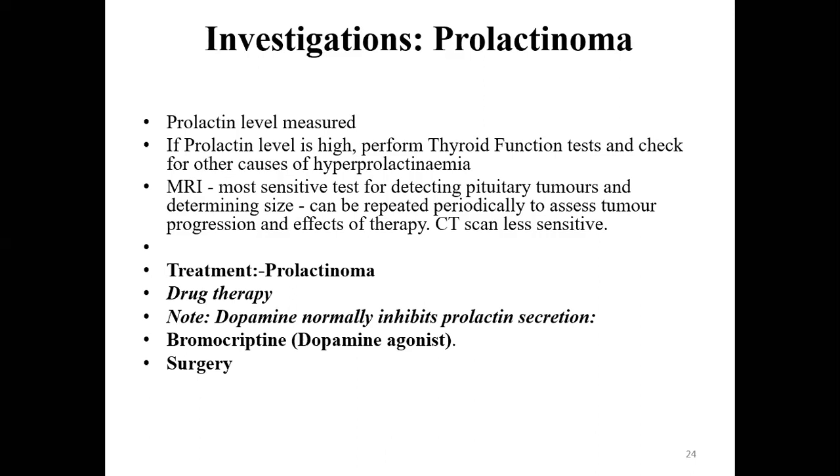When you give bromocriptine, it's going to function like dopamine and inhibit the cells from producing prolactin. So if you hear any drug that ends with cryptin, you can use it. Then if it's large, then you do surgery and you remove the tumor.